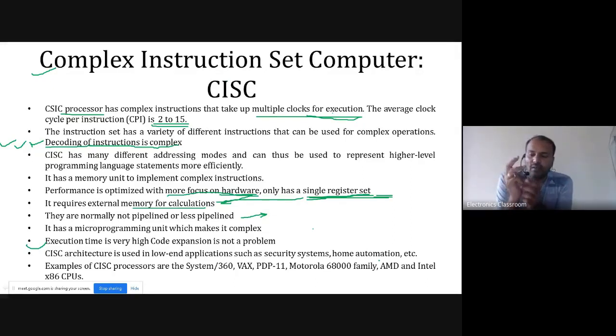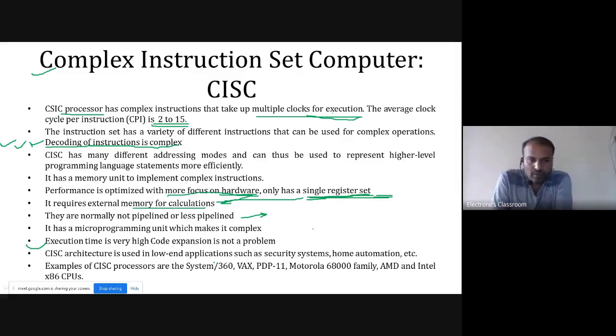For example, I can have a decrement instruction, a compare instruction, and a jump instruction. But in CISC format, I can have only one instruction instead of these three. So expansion is not a problem because I can have various complex instructions which can be used for minimizing our code.